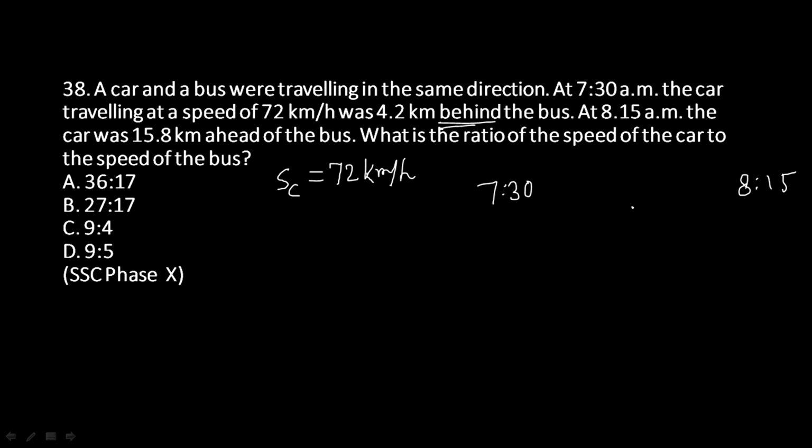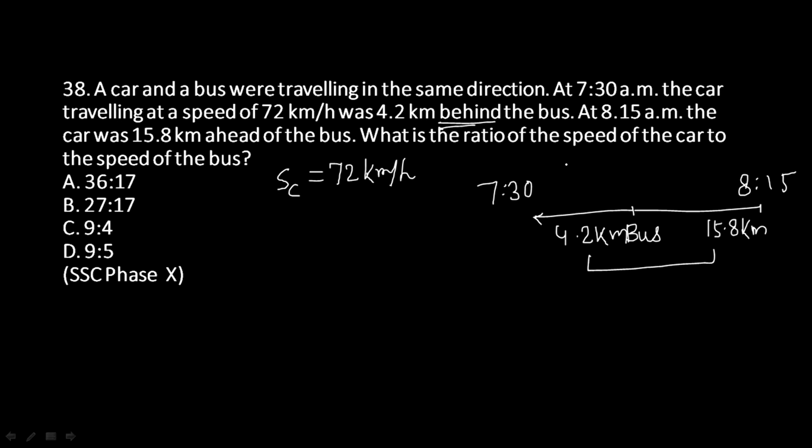The bus was here at 7:30 when the car was behind. How much? 4.2 km. And at 8:15 it has crossed the bus and it is ahead by 15.8 km. So the distances will be summed up.